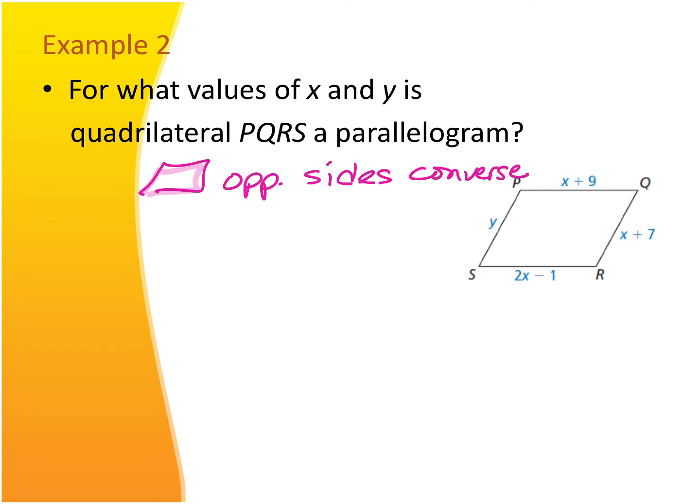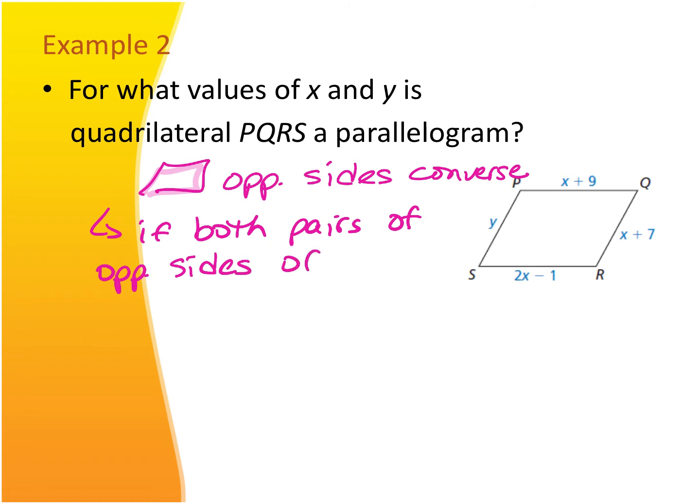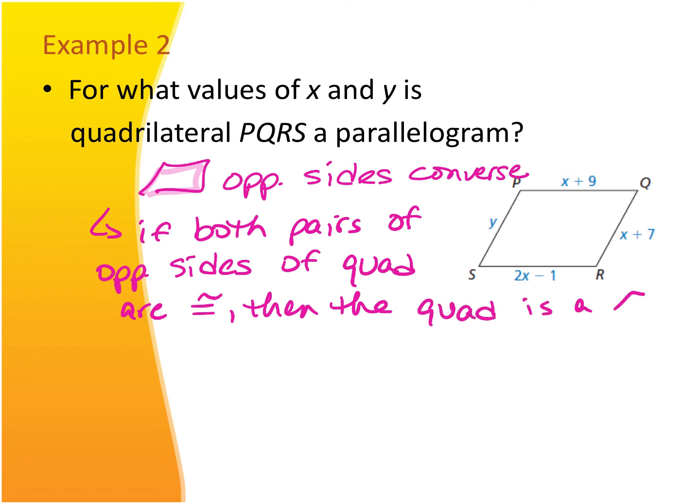And again, to restate what this says: if both pairs of opposite sides of a quadrilateral are congruent, then the quadrilateral is a parallelogram. I've already written this multiple times, but just to reinforce it.